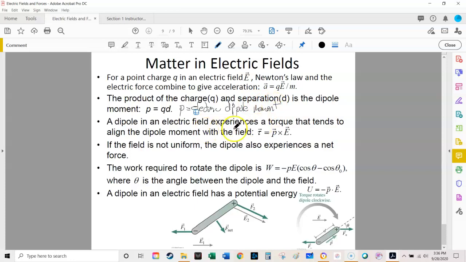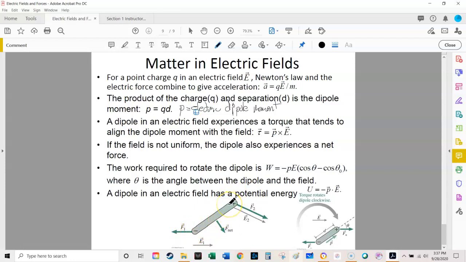nanometers. And so by using that dipole moment, and multiplying it by the electric field, you could actually calculate the overall torque that's going to be spinning it. So suppose you had an electric field just pointed to the right, and you have a positive charge on top right and a negative charge on bottom right.